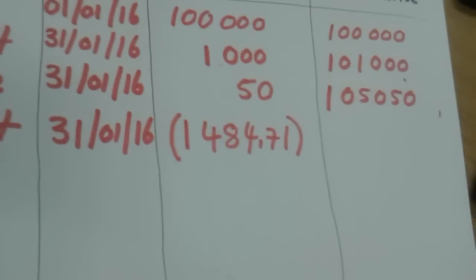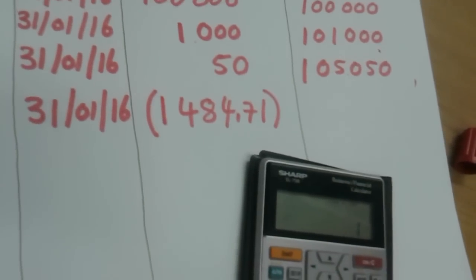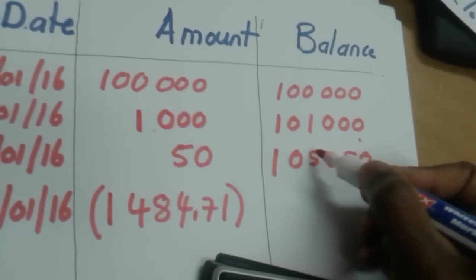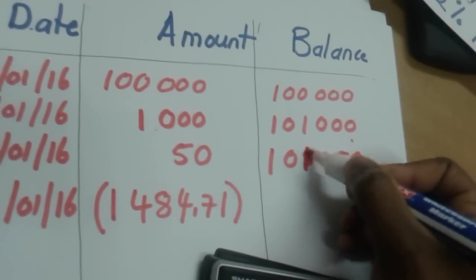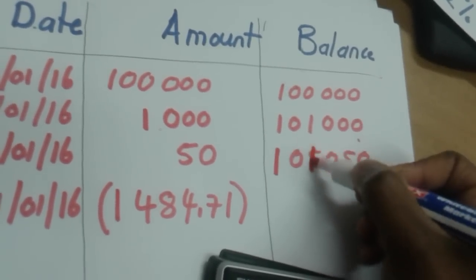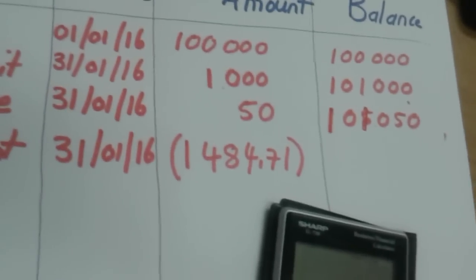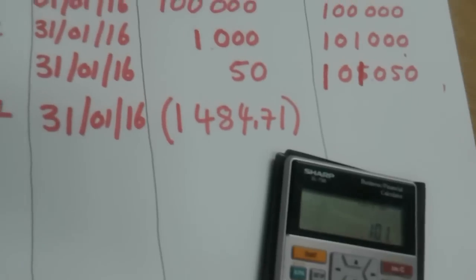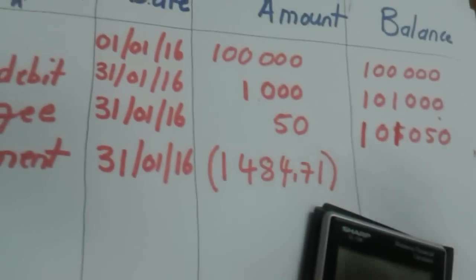So your balance now becomes, sorry, I made a mistake. This is not 105. Sorry, my apology. It's 101 there. It's 101,050.